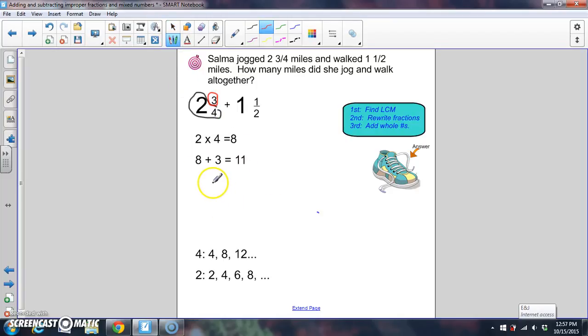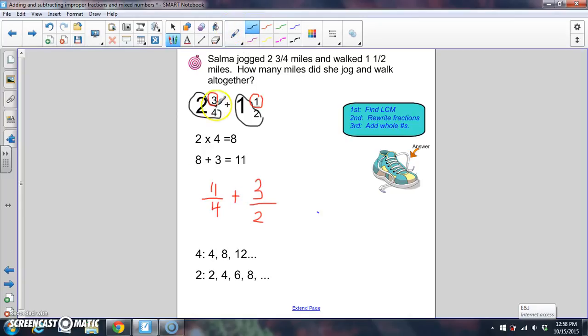So we will rewrite this fraction as 11 for the numerator over 4. Let's do the same steps for the next mixed number, 1 1/2. Again, we're going to multiply 1 times 2, which is 2, plus 1, 3, keep the same denominator for now.